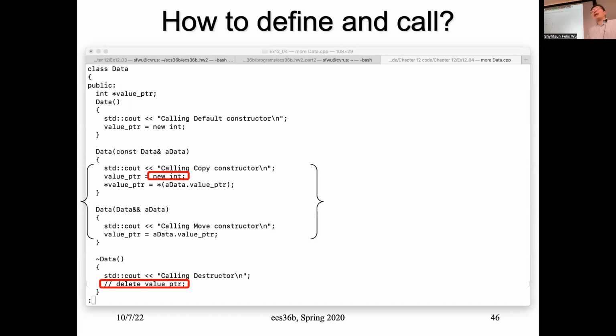Then, as you can see here, I actually commented it out, but I should have this: I should say delete value pointer. Sometimes this could be dangerous because if you don't do it correctly, you mess up your memory. That's why I highlight new and delete, they always have to match.